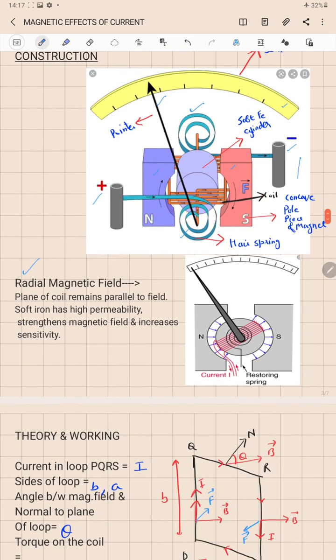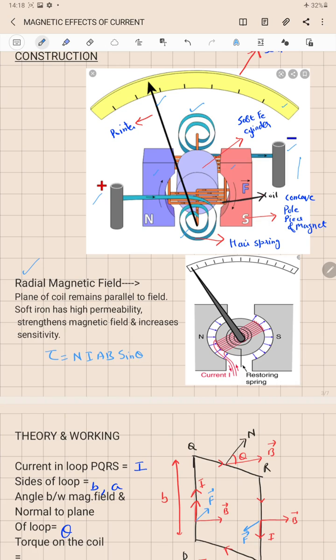What is a radial magnetic field? We already know that the torque acting on the coil is given by tau is equal to NIAB sin theta.